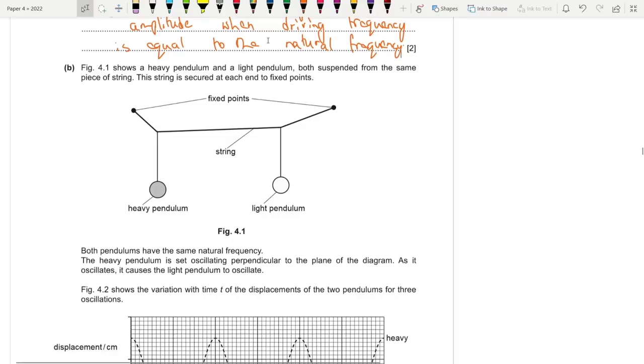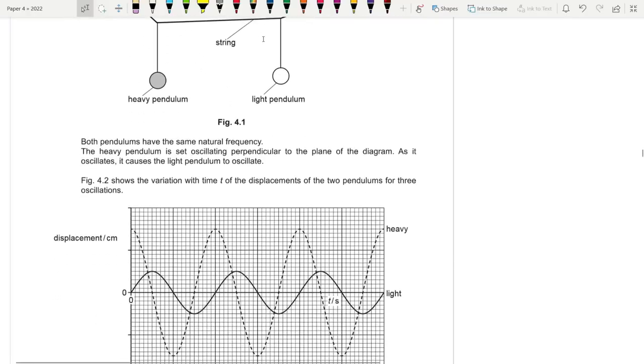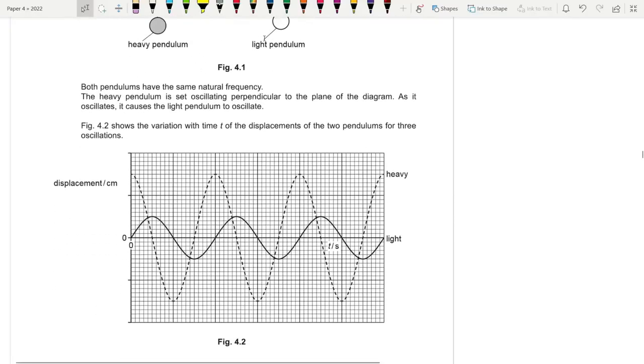Figure 4.1 shows a heavy pendulum and a light pendulum, both suspended from the same piece of string. The string is secured at each end to fixed points. Both pendulums have the same natural frequency. The heavy pendulum is set oscillating perpendicularly to the plane of the diagram.